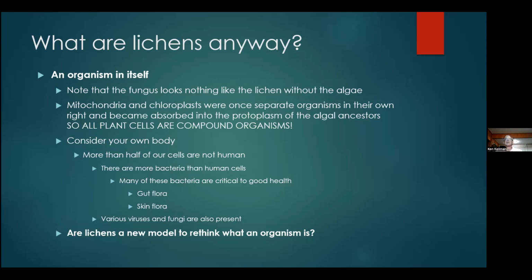There are more bacteria than human cells in our body. And most of these bacteria are critical to our good health. We all know about the gut flora and probiotics and how without those things, we're sick puppies. There's also a whole flora of bacteria and viruses and fungi present on our skin, and a good number of them are helping protect us from the bad guys.